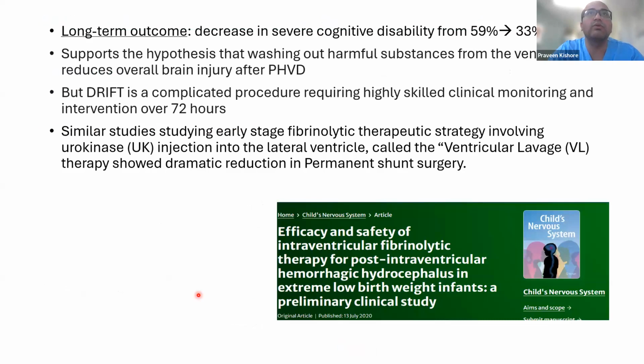The problem, however, is that there are very few units, and it needs a lot of expertise to be in the right place to be doing the irrigation. They have themselves written in their paper that it almost is like performing ECMO. So you need that kind of expertise to be able to give that. And in the UK, I think there were 3 or 4 centers who could do it.